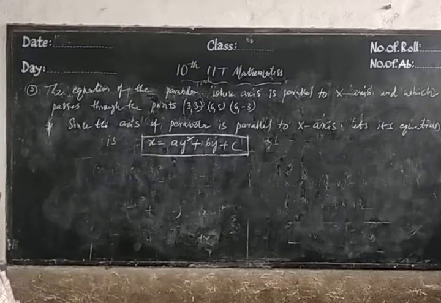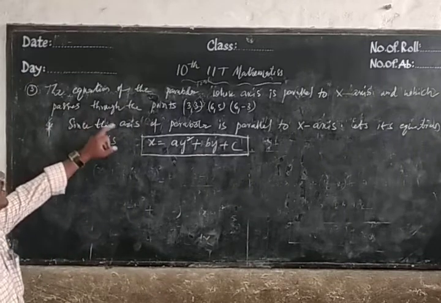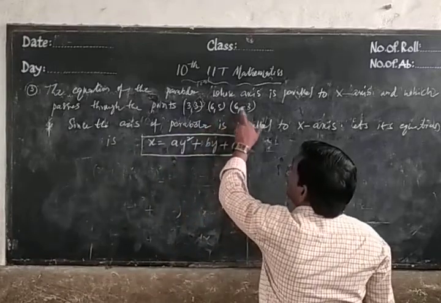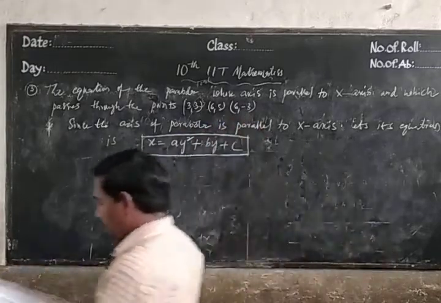Okay. Passes through which points are there? (3, 3), (6, 5), (6, minus 3).